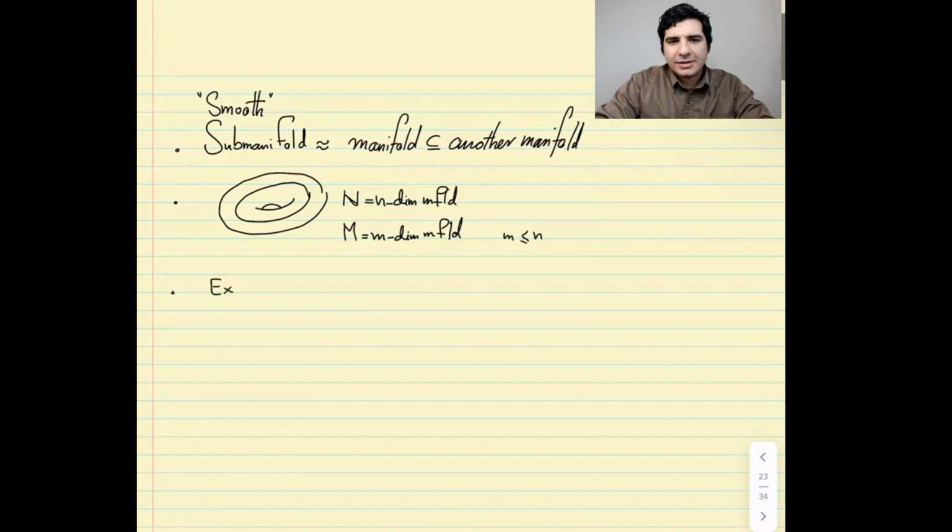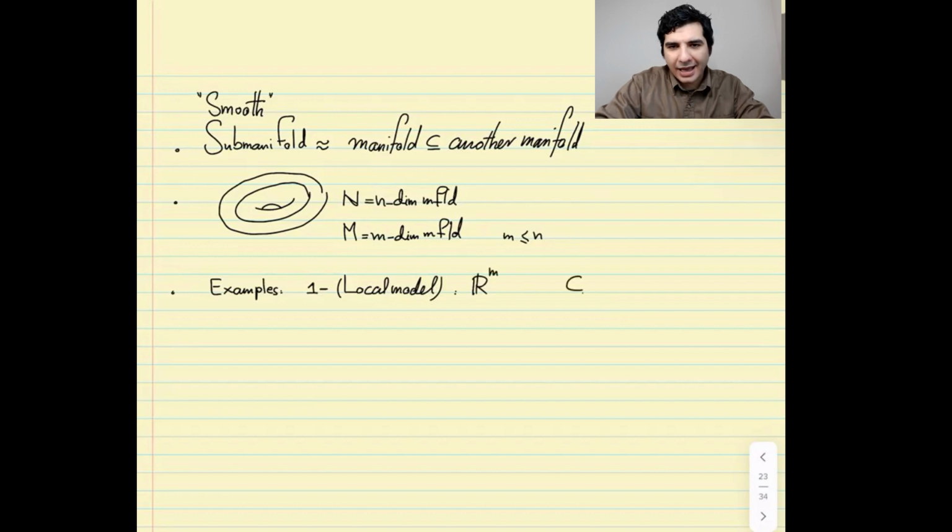Okay, let's look at a few examples before really getting into the definitions and theorems. So the first example, which is probably the most important example, is the local model. So think about the Euclidean spaces.